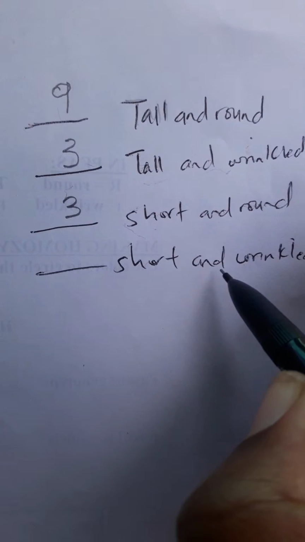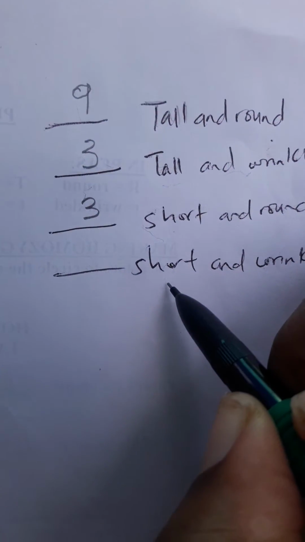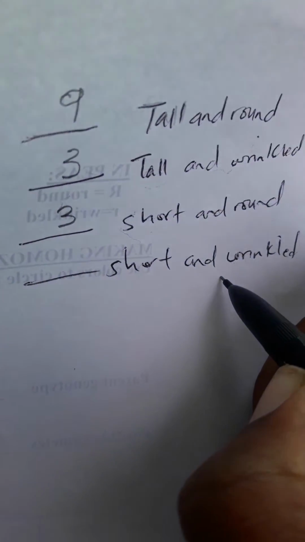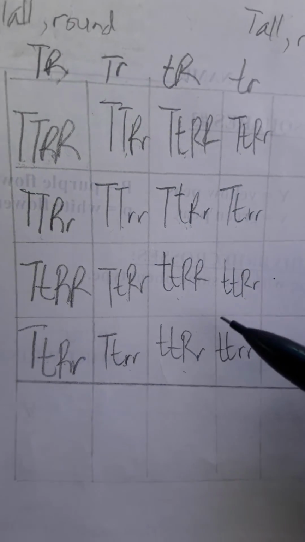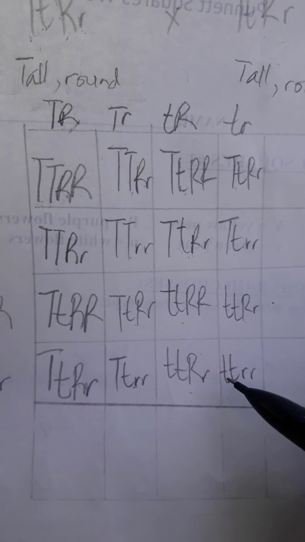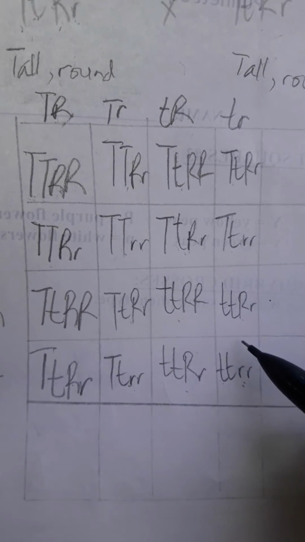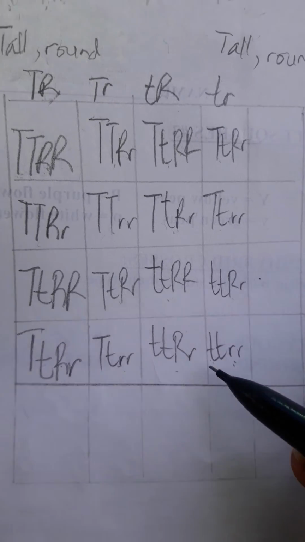Short and wrinkled. In order to be short and wrinkled, the organism must carry a small t and a small r. Let's look. Small t, small r. Remember, you can pause the video to find it for yourself, to challenge yourself. And of course, here we have the only one with small t, small r, small t, small r, which is the pure recessive form.